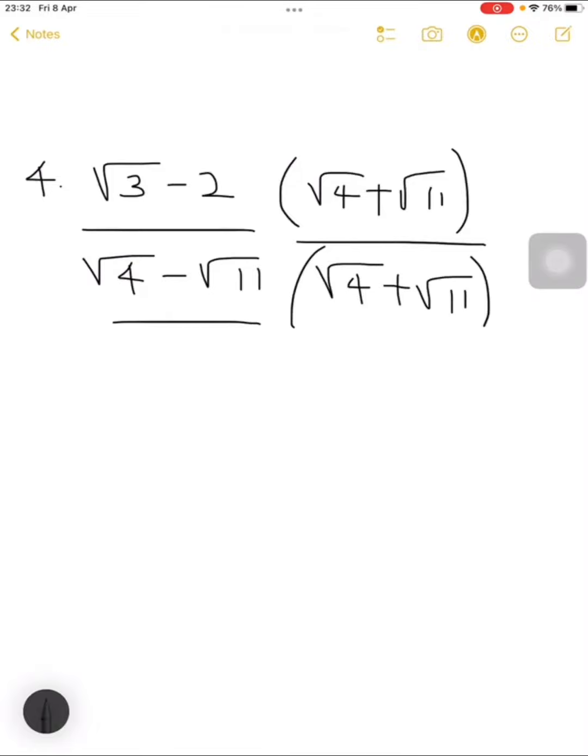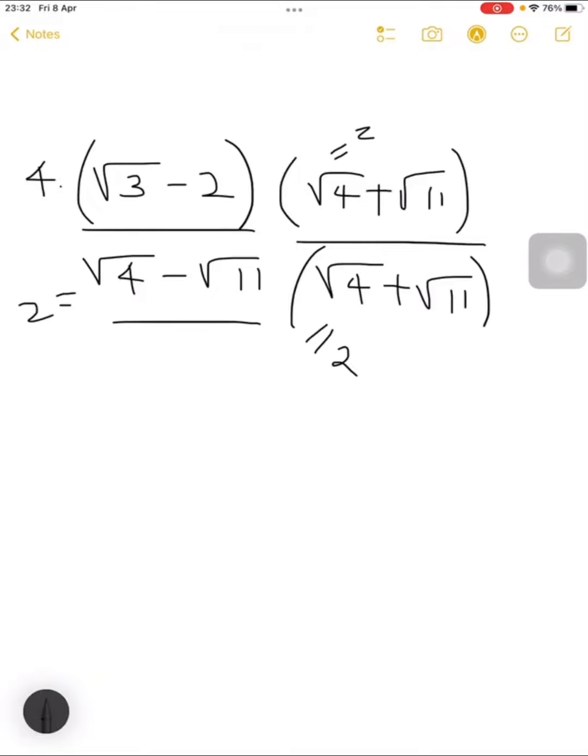Now we can multiply the terms in the first brackets by the other side. So we have root 3 multiplied by root 4, and maybe we can just simplify this from here. Root 4 we know it's 2 already.